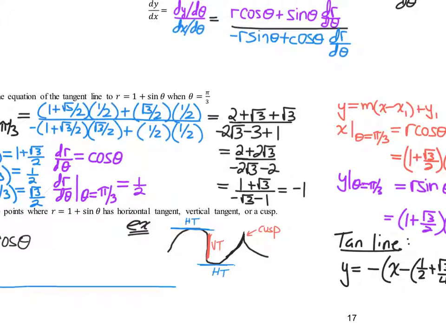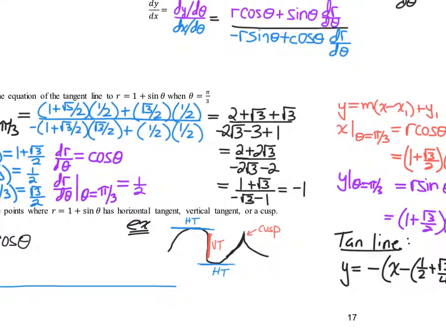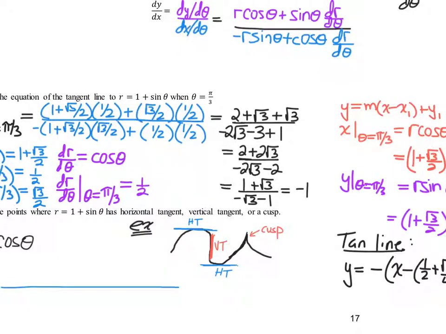All right, let me see if I have enough wiggle room. I think I do. All right, so r cosine theta plus sine theta times cosine theta, all right, over negative r sine theta plus cosine theta, so I'm just going to write cosine squared.